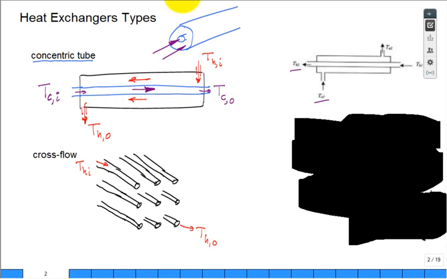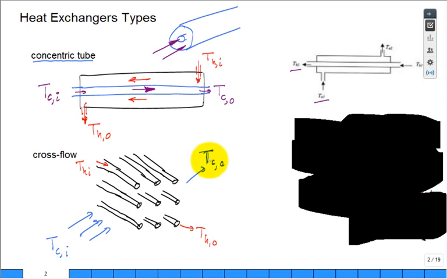So that now you can get a sense of what is the fluid that's going to flow across, or perpendicular to, the tubes. And in this case, maybe it makes sense to talk about the temperature of the cold fluid flowing into the heat exchanger across the tubes, and then likewise the temperature of the cold fluid flowing out of the heat exchanger after it passes over the tubes.